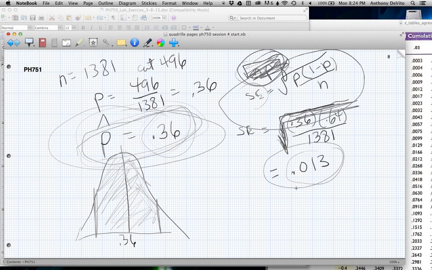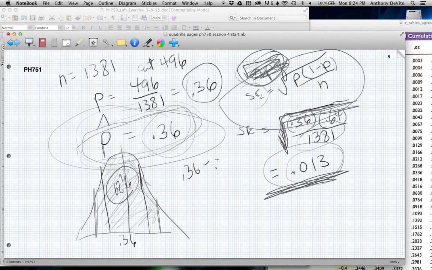But for right now, based on what our standard error is for this proportion and this sample size, we would expect that 68% of the outcomes, if we took repeated samples from this population, would be between 0.36 minus 0.013, which is roughly 0.347, and 0.36 plus 0.013, or about 37%.